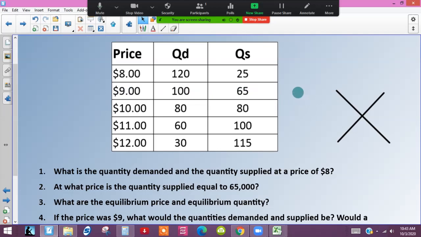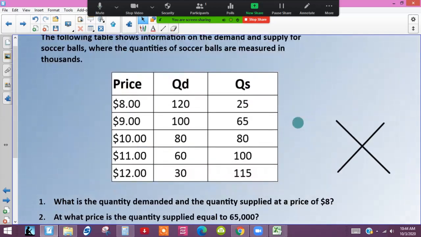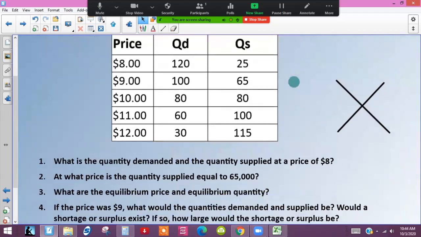And I believe if I'm doing my math correctly, that will be 35,000. Once again, this is in thousands. So we'd have a shortage of 35,000 soccer balls if there was a price ceiling set at $1 below the market price of $10. That's that one, right? That's everything.